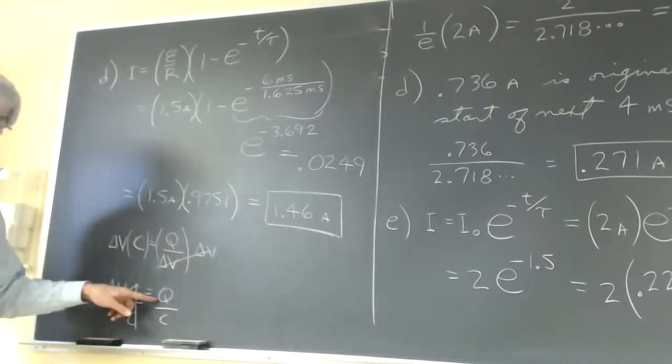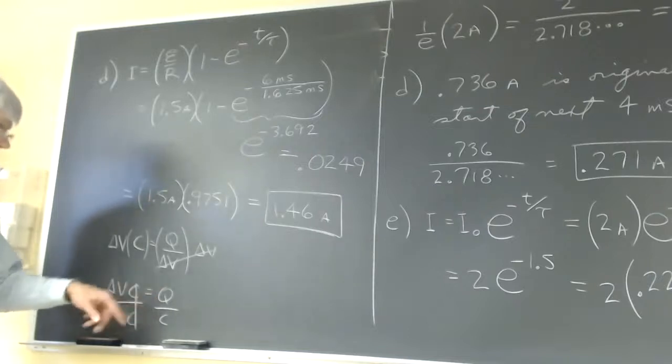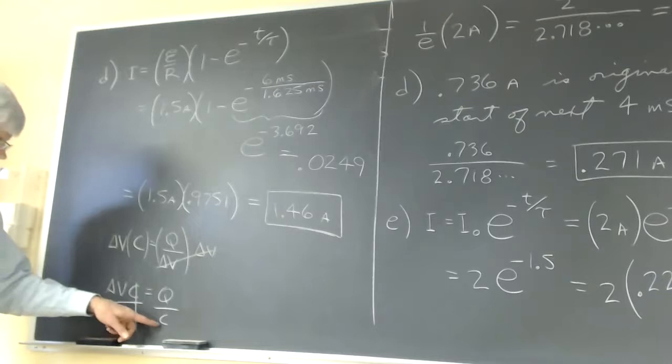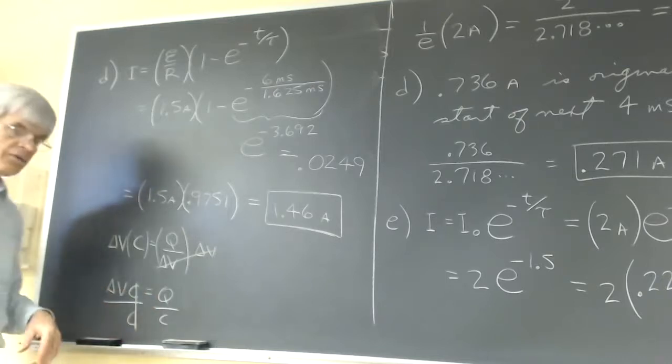You've got plus Q on one plate and minus Q on the other plate. That's what Q is. And Q divided by C is the voltage.